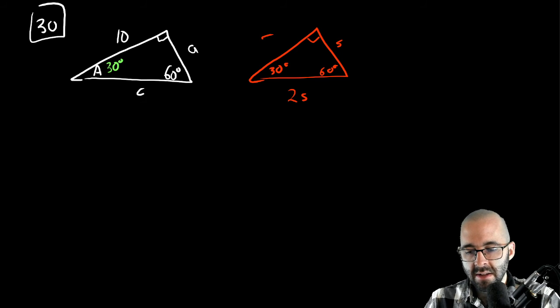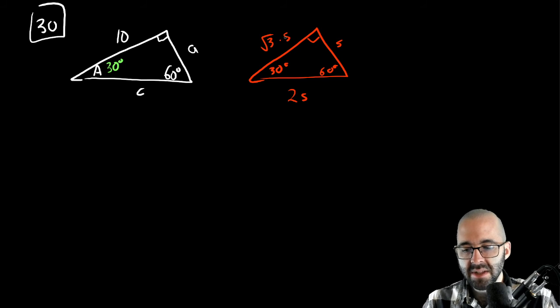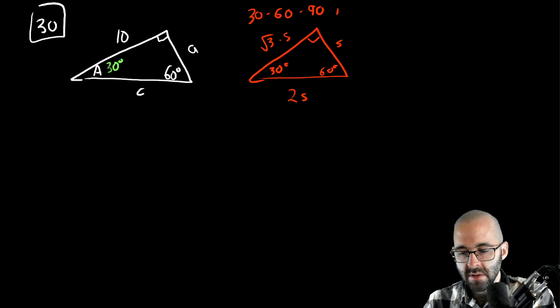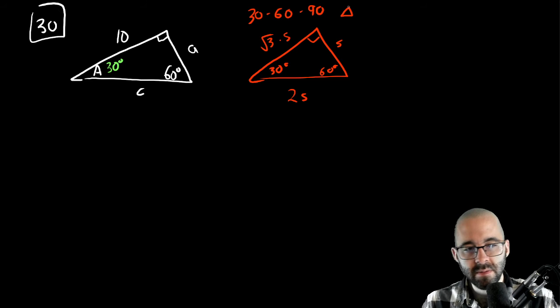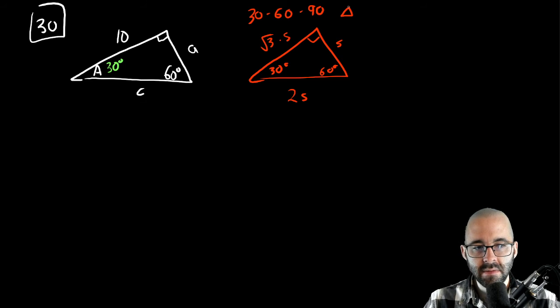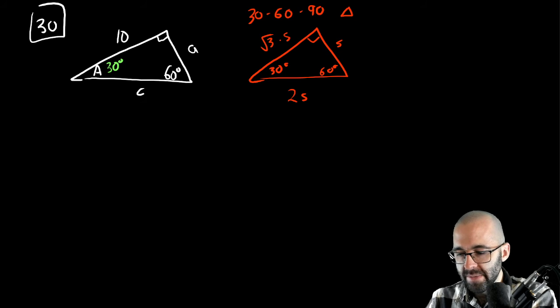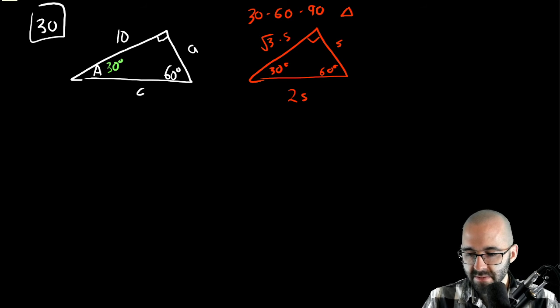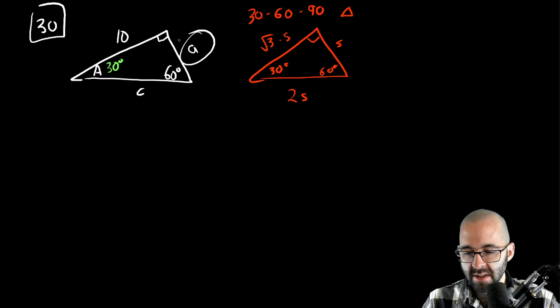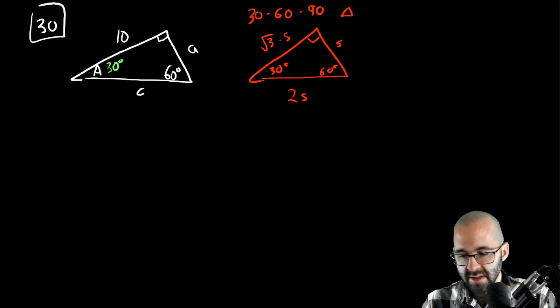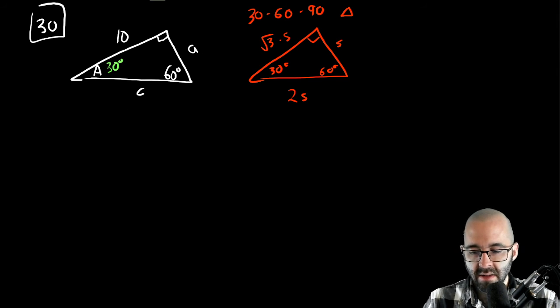And the long side is going to be the square root of 3 times S. This is a special triangle. 30, 60, 90 triangle. So we have this. This is the short side. The short side is always half of the hypotenuse. So once we find A, C is just going to be double A.